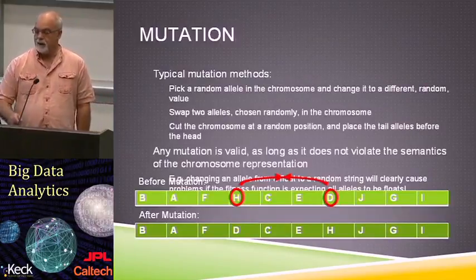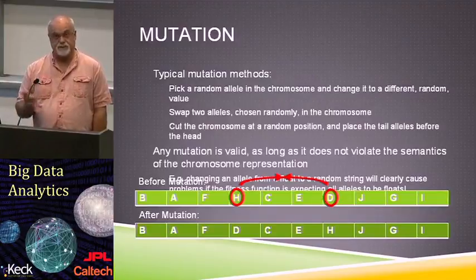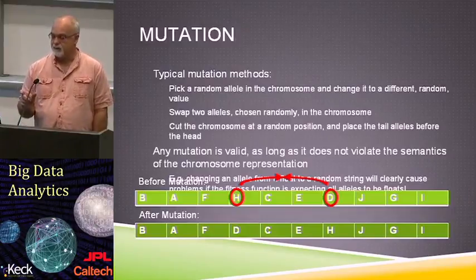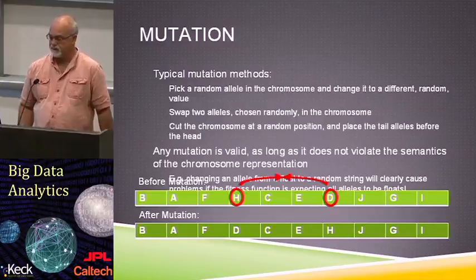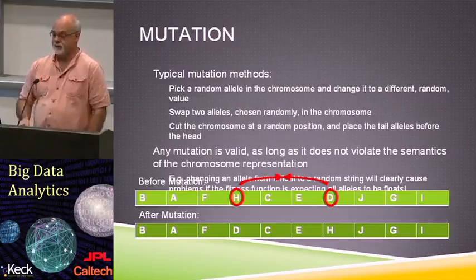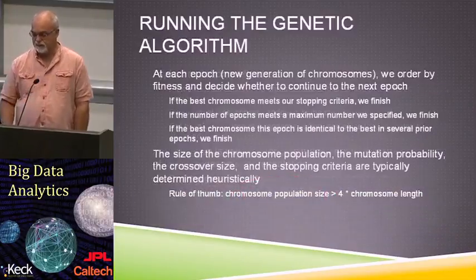You can pick a random gene, a random allele in the chromosome, and just change it to a different value. You can swap two alleles in the chromosome, so you just exchange the positions of those two alleles. You could also cut the chromosome at a random position and take the tail and put it in front of the head. And I'm sure there are many other ways of mutating that you can probably think of.